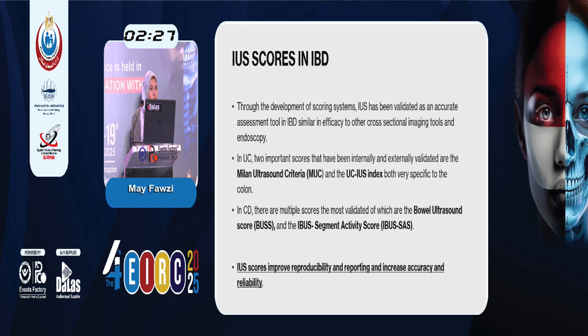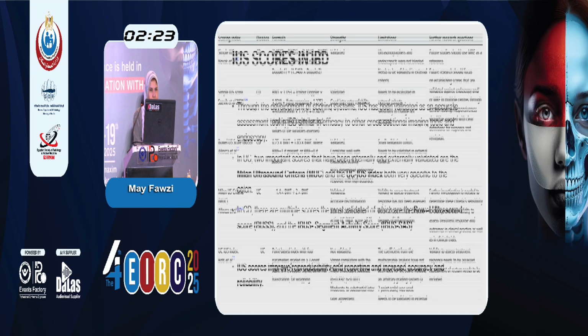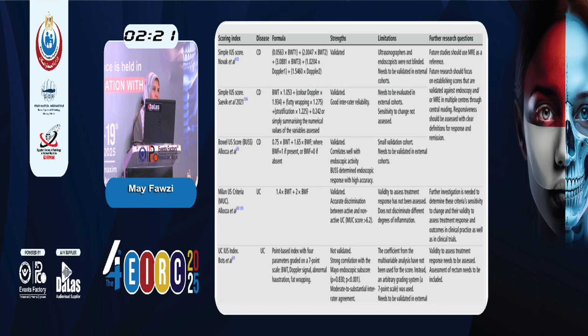These scores improve reporting. They increase accuracy and reliability. And these are how the scores are done. Our measurements are put into an algorithm or into an equation, and then from there we get a numerical value that tells us, is the patient in activity or not.